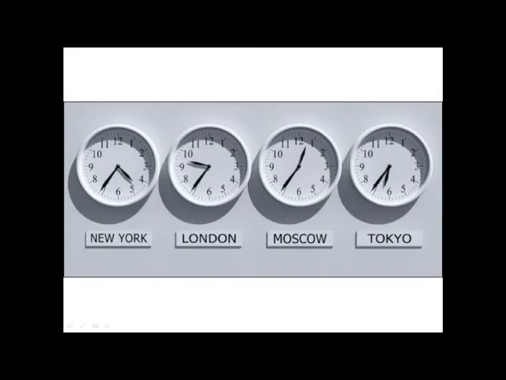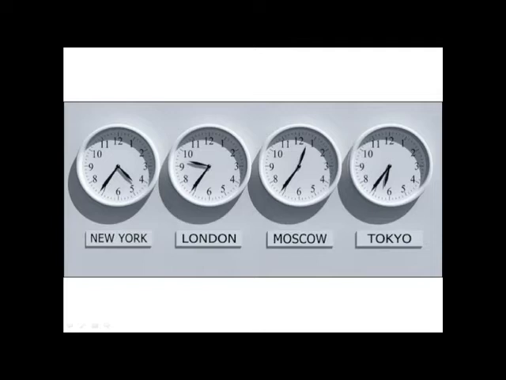Let's look at these clocks. Once we look at these clocks, we will see in New York it is pointing to the time of 4:35. London it is pointing to the time of 9:35.